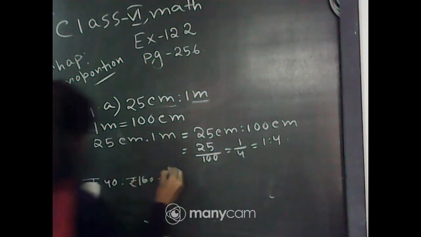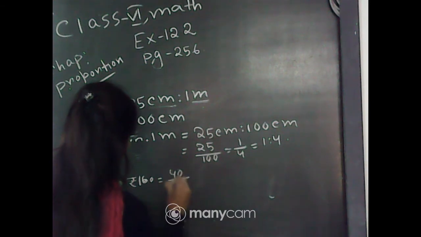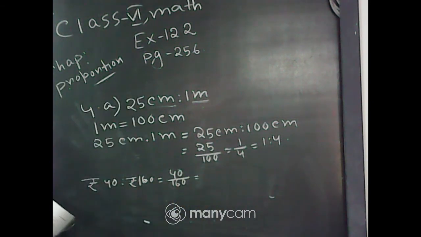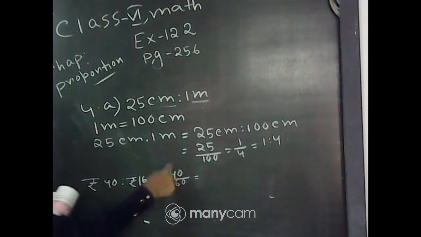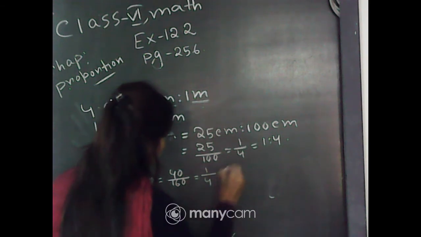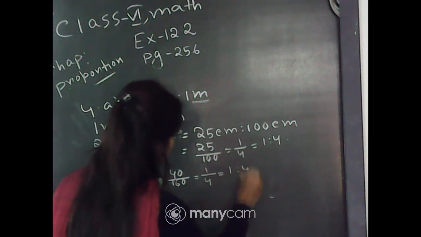This is equal to 40 divided by 160. Now we divide both the numerator and the denominator by 40, since their HCF is 40, and we get 1 divided by 4, that is 1:4.